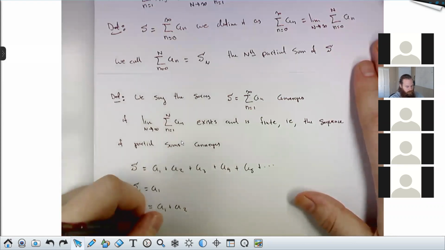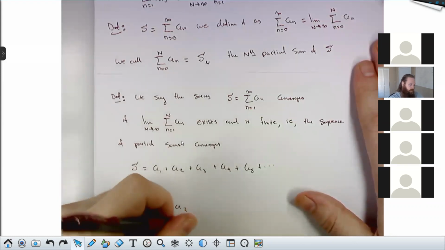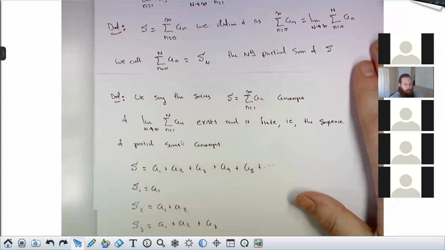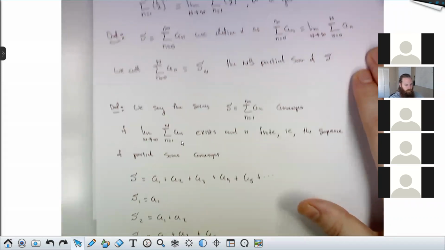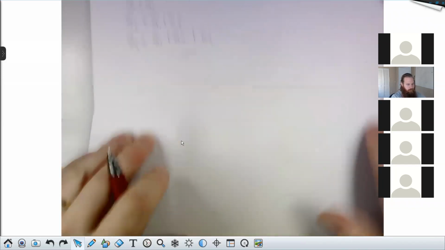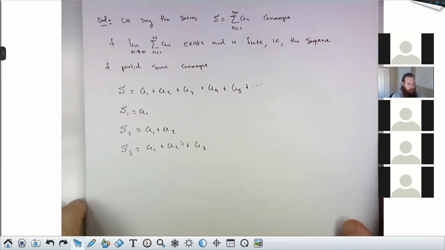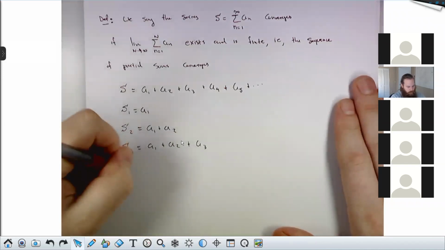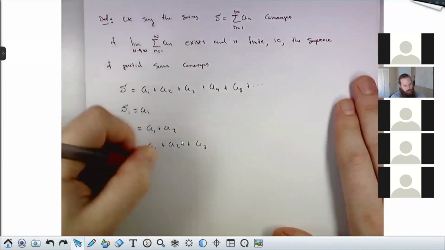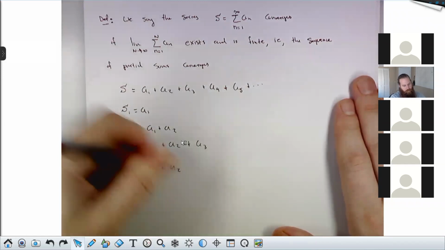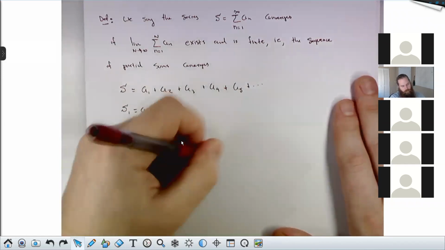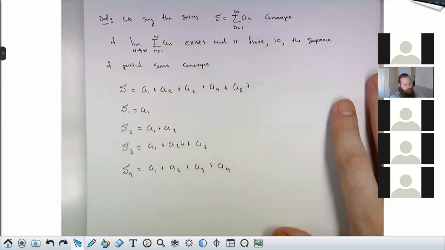S3 is a1 plus a2 plus a3. S4 would be a1 plus a2 plus a3 plus a4.